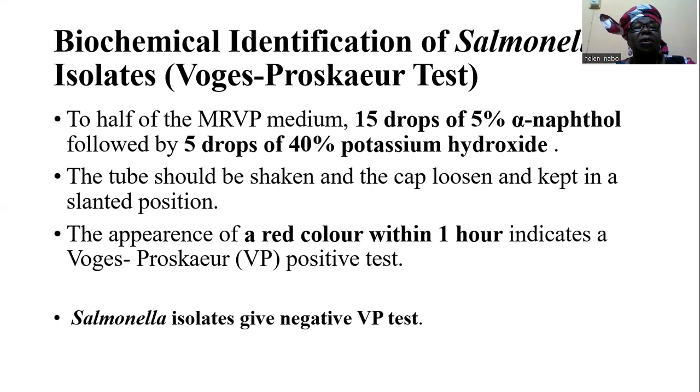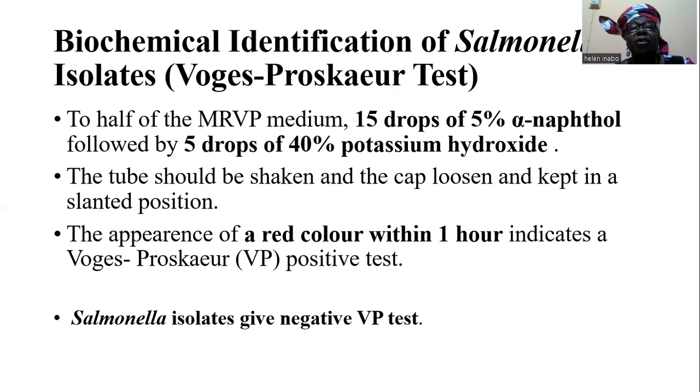The Voges-Proskauer test is another important biochemical test for identifying Salmonella isolates. To half of the MRVP medium, 15 drops of 5% alpha-naphthol are added, followed by 5 drops of 40% potassium hydroxide. The tube should be shaken and the cap loosened and kept in a slanted position.